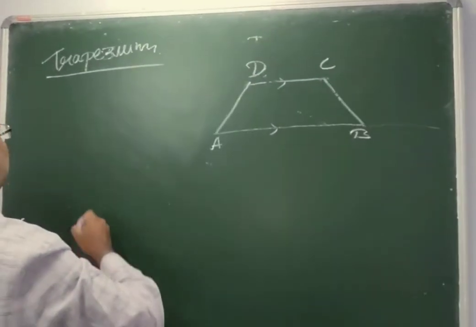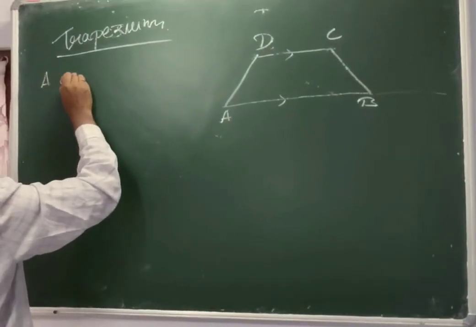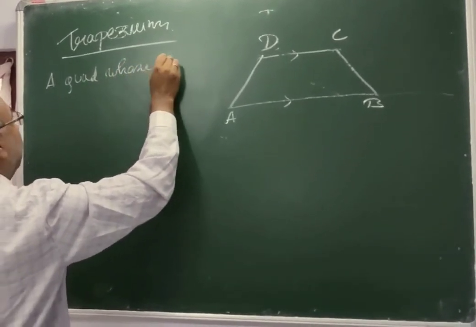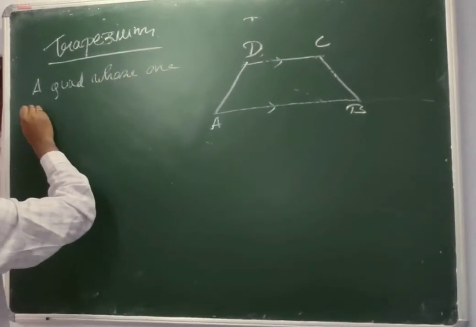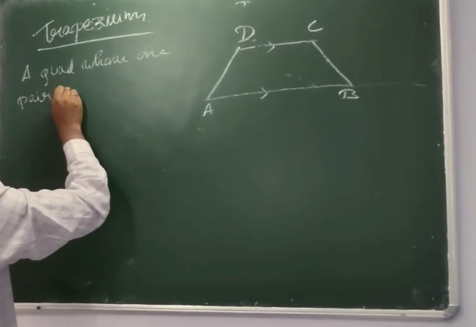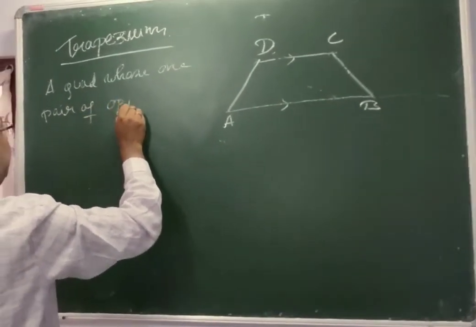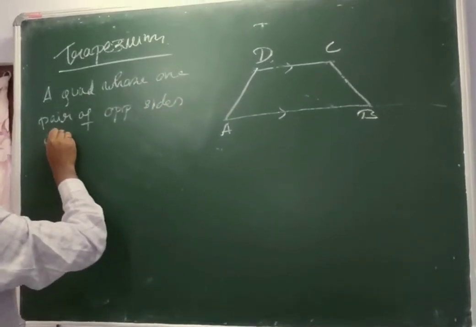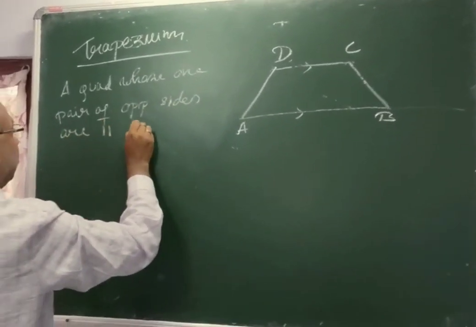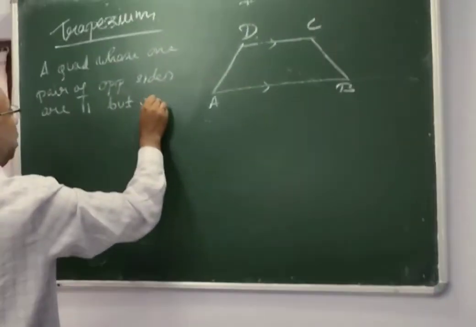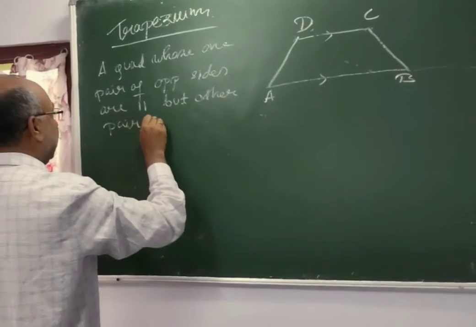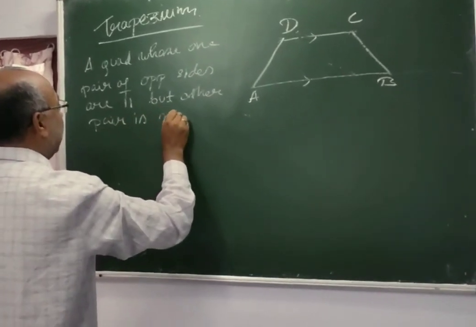Now, how do we define it? A quadrilateral whose one pair of opposite sides is parallel, but the other pair is not parallel.